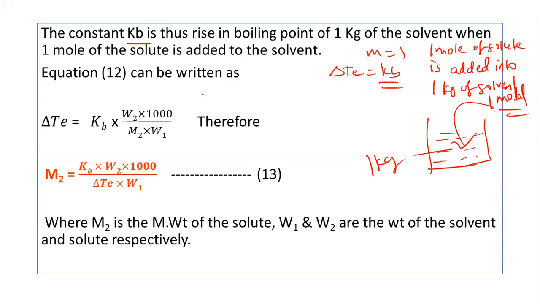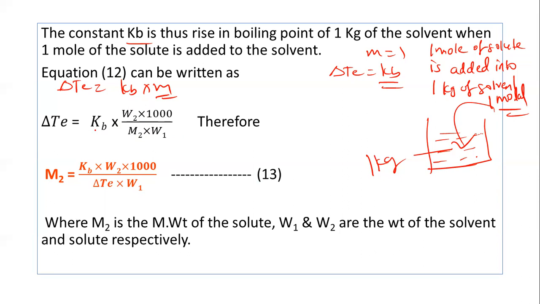Now equation 12 can be written, so we can substitute here. Delta Tb is equal to Kb into molality. This is equation 12. So put here molality, which is equal to W2 into 1000 divided by M2 into W1.